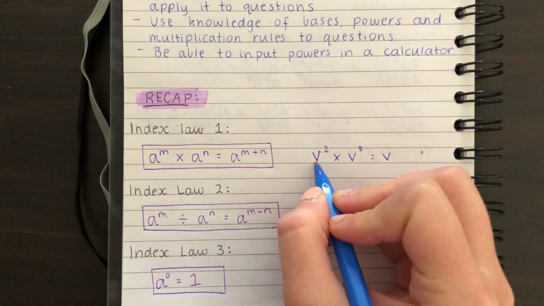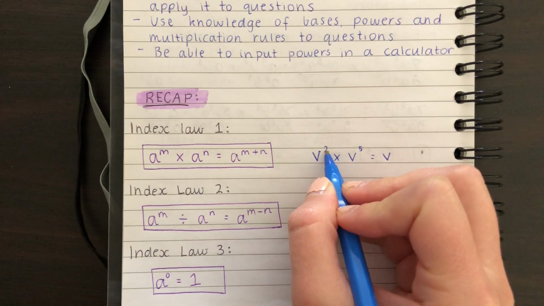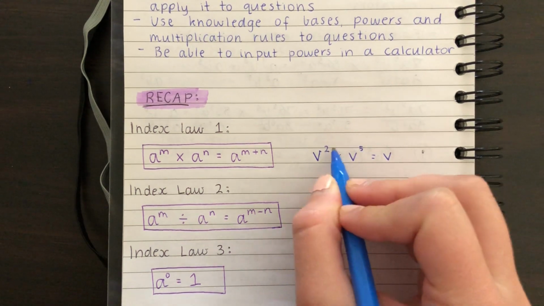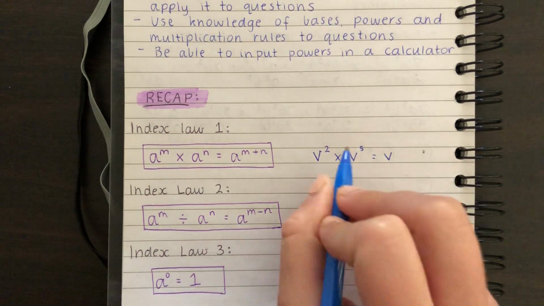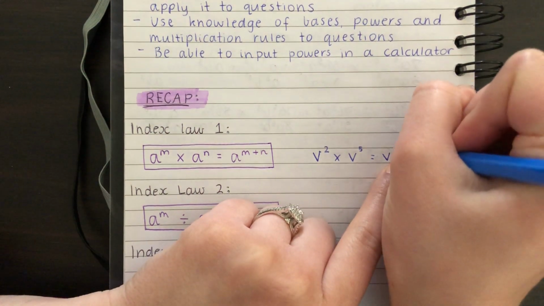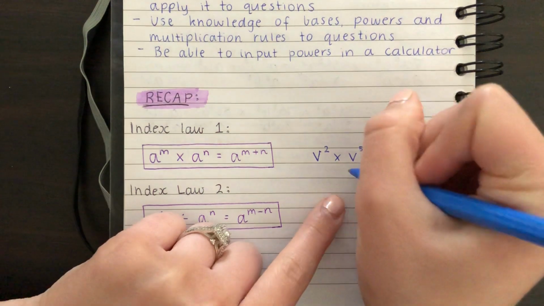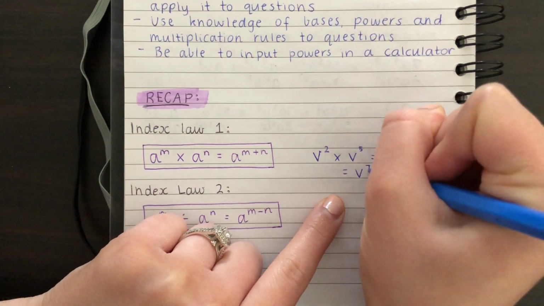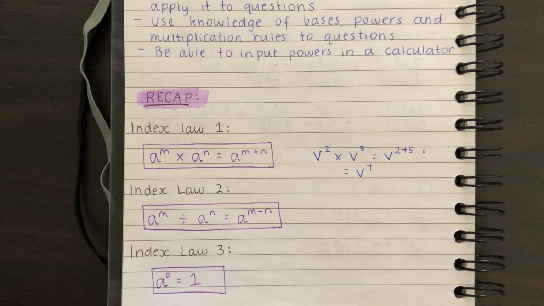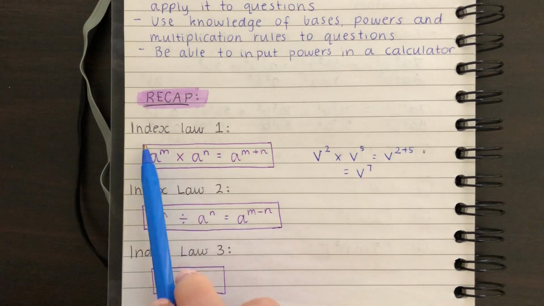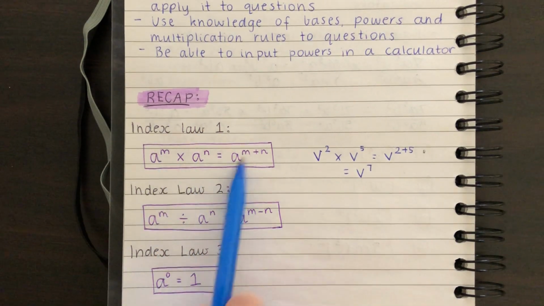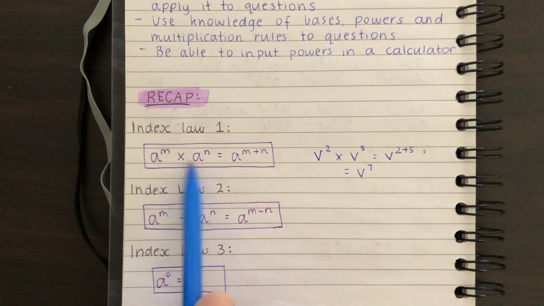So remember, this is our base, that's our power, and we add the powers together. So that becomes v to the power of 2 plus 5. And our answer is v to the power of 7.